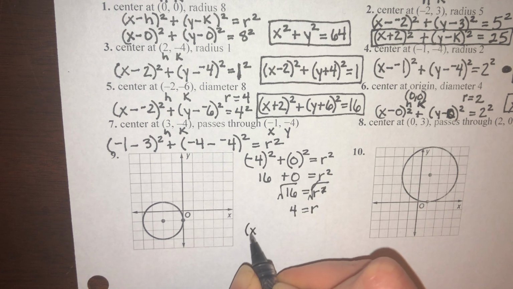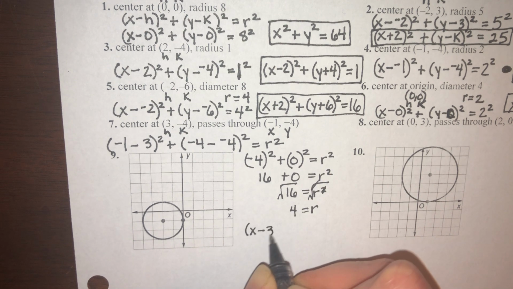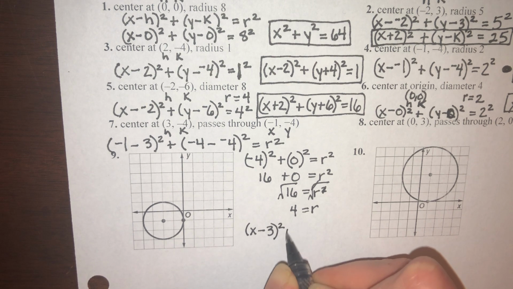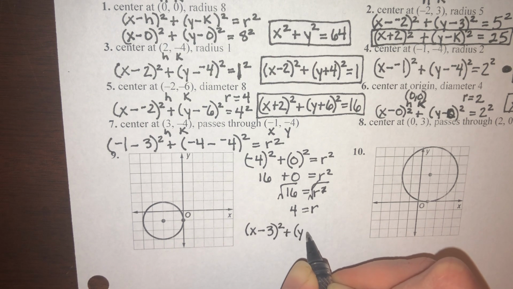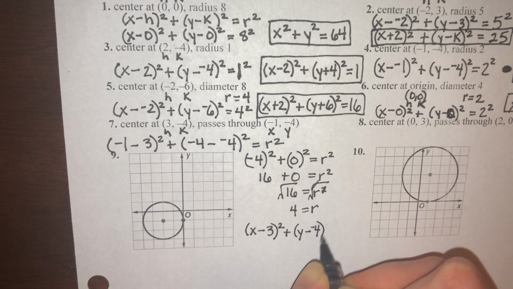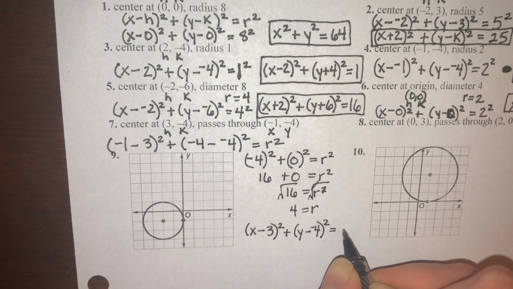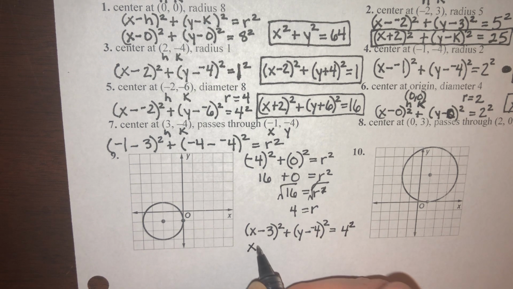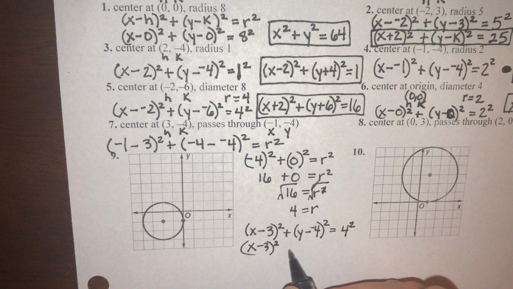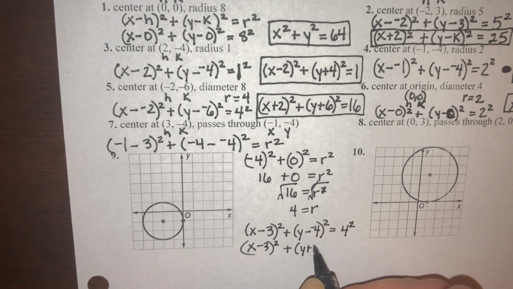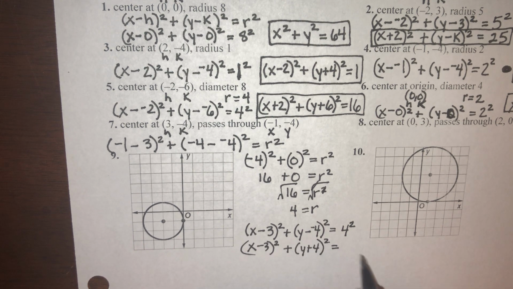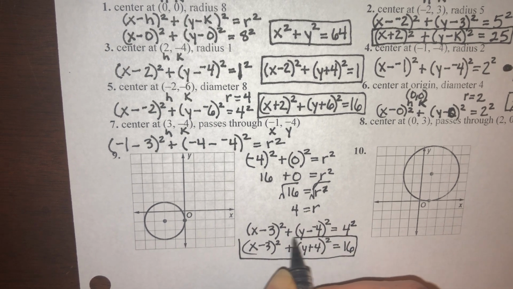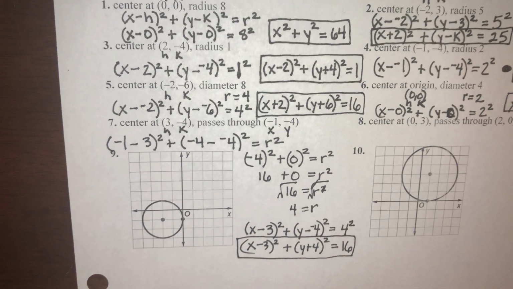So we'll have x minus 3 in parentheses squared plus y minus negative 4 in parentheses squared equals r, which is 4 squared. And then we'll simplify. X minus 3 in parentheses squared plus y plus 4 in parentheses squared equals 16. And that will be the answer for number 7.